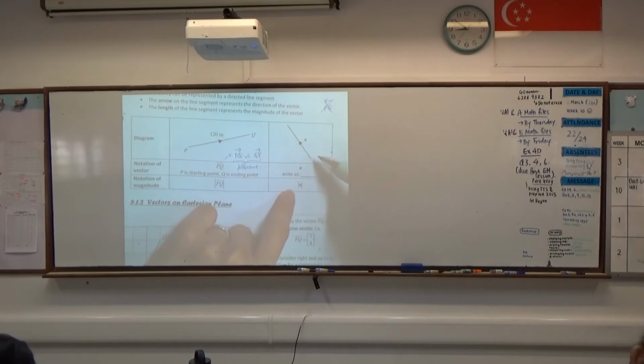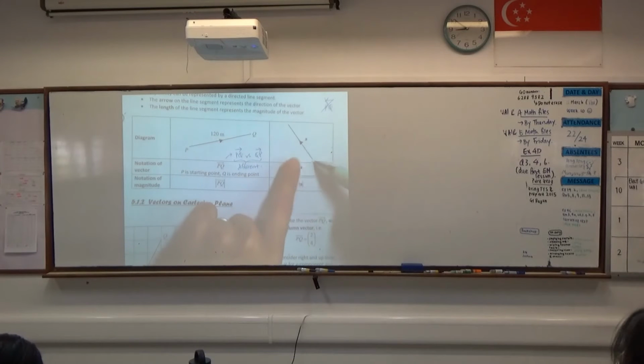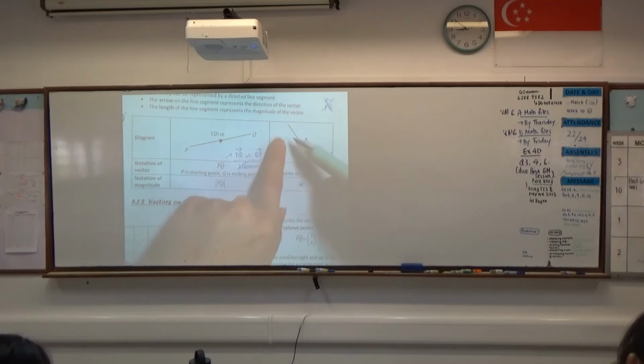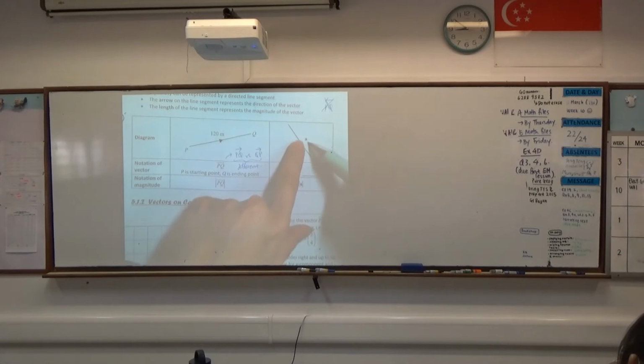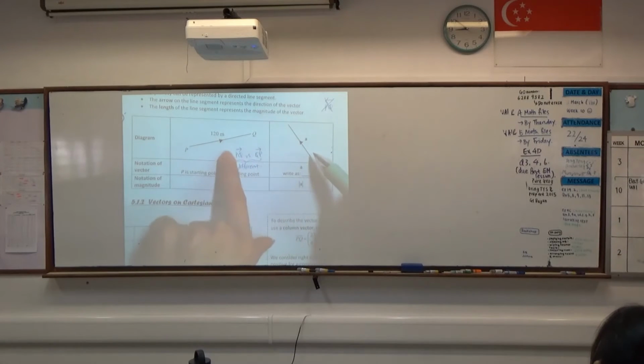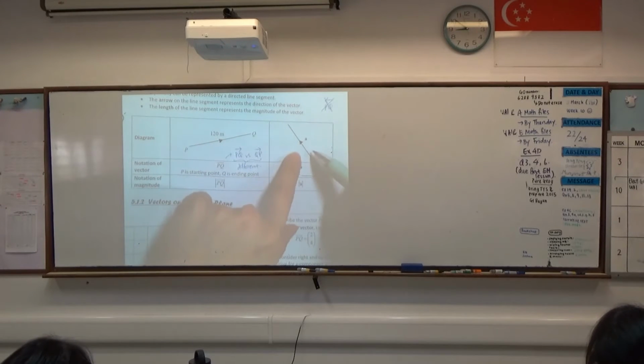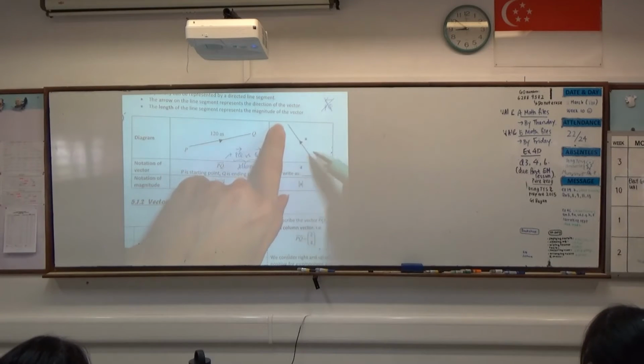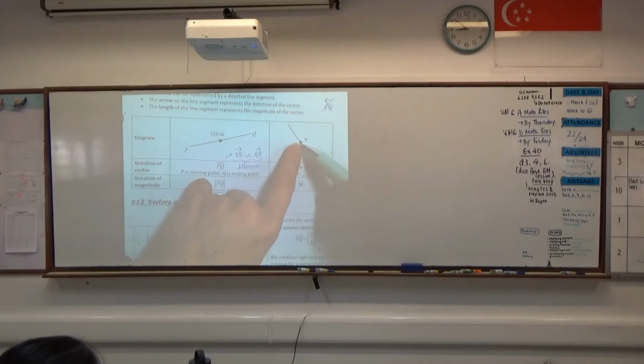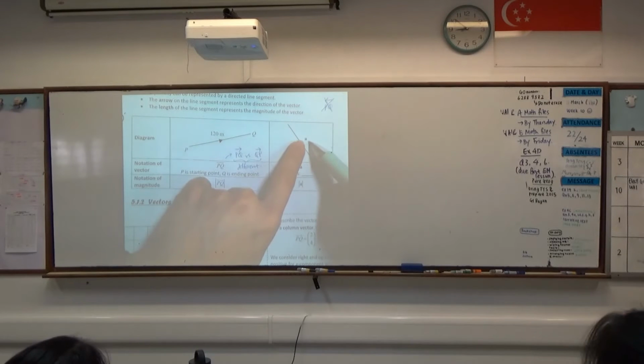Another representation of a vector could be done this way, whereby we also have a line with an arrow to tell us the direction, and then we label it with this letter A. You notice that the difference between this and this is that there is no start point and end point labeling. This is just telling us that this vector, of this particular length and this particular direction, we call it a vector A. In your textbook or in most books, when they use it in this manner, this letter A is always bold.